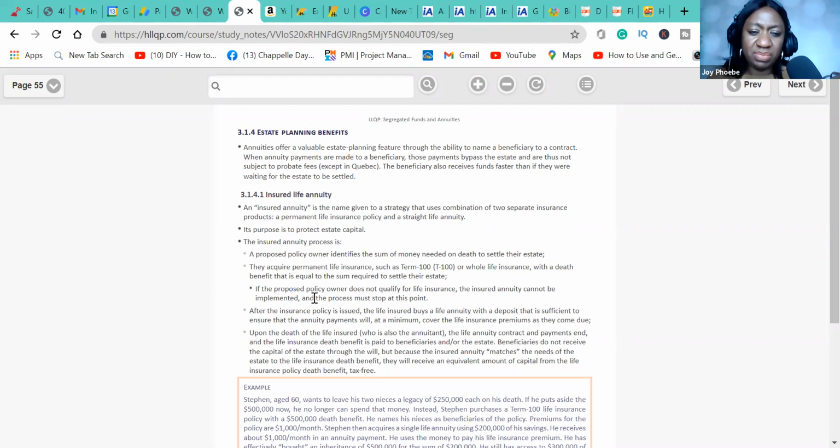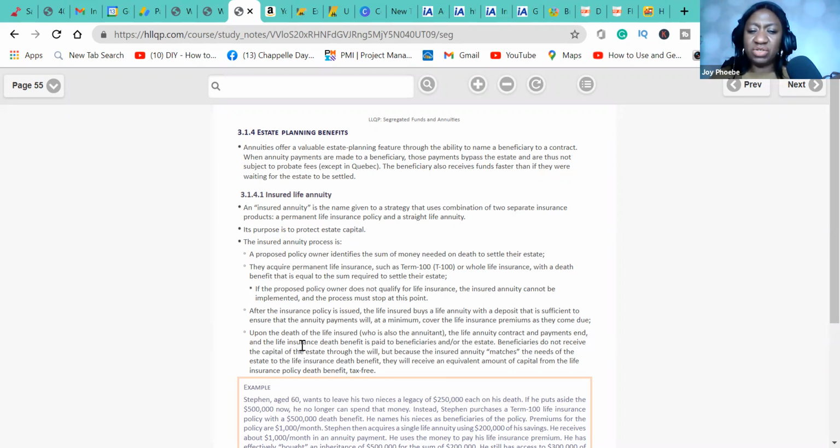If the proposed policy owner does not qualify for life insurance, then the insured annuity cannot be implemented and the process must be stopped at this point. After the insurance policy is issued, the life insured buys a life annuity with a deposit that is sufficient to ensure that the annuity payments will, at a minimum, cover the life insurance premium as they come due.